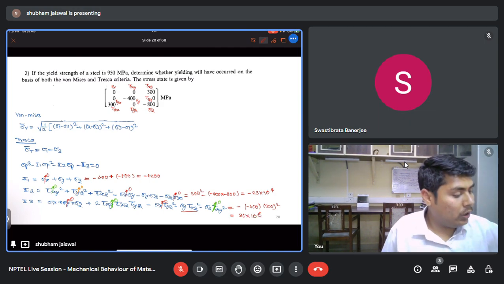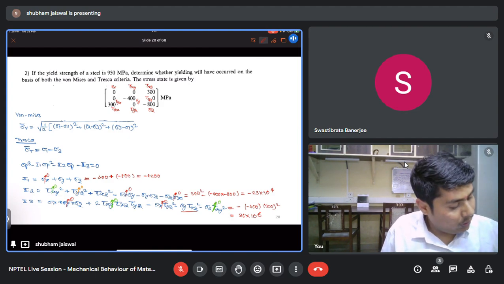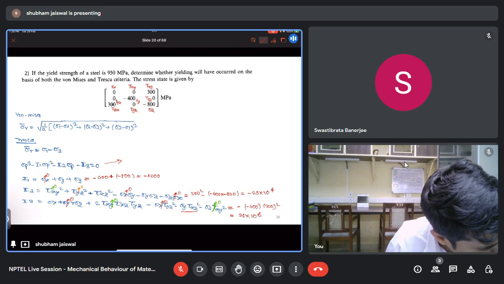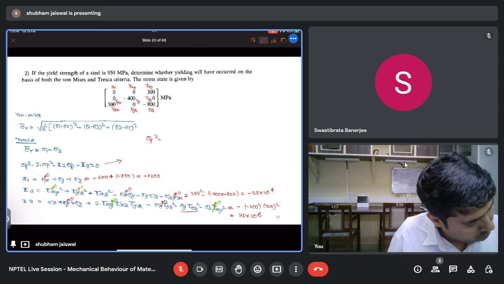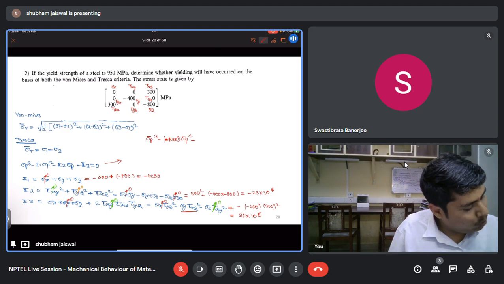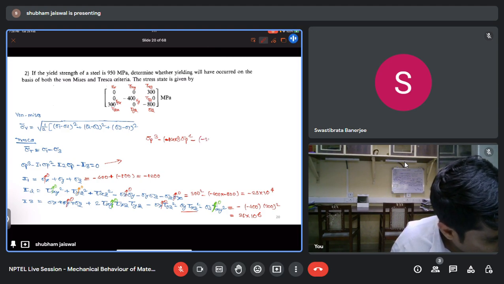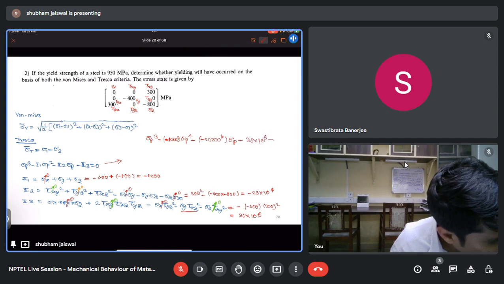So now if I put the values of I1, I2 and I3 in this equation, it will become sigma p cube minus of minus 1200 sigma p square minus I2, that is minus 23 into 10 to the power 4 sigma p, minus 36 into 10 to the power 6 equal to 0.